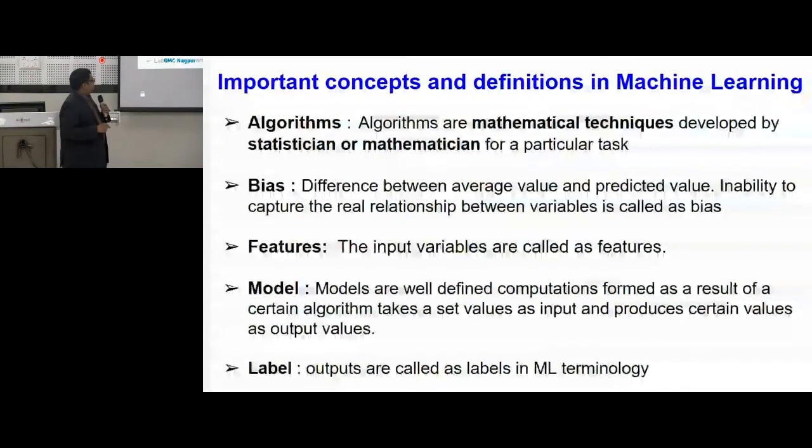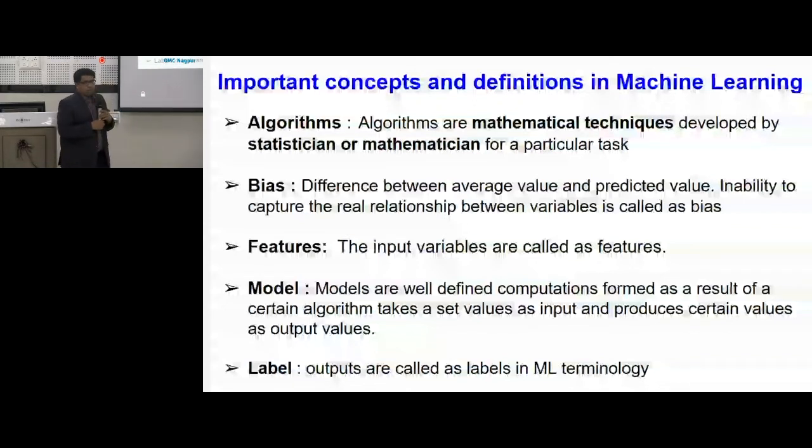Our algorithm should tell us exactly whether the tumor is malignant or benign. If it is not telling us exactly what the outcome is, then bias comes into the picture. So the inability of our model to capture the real, expected answer is what is called bias.